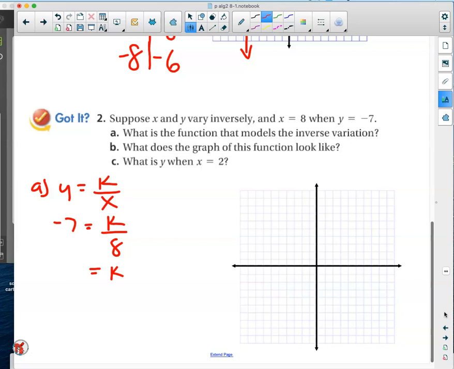What's k? What did you get for k? Let's put it in there.